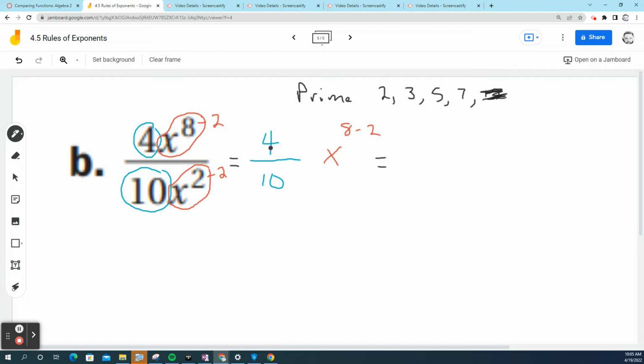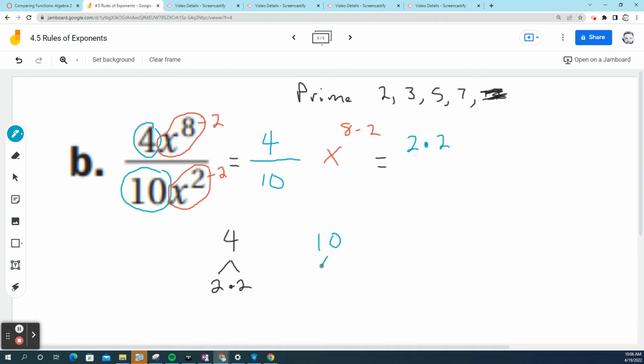Anyways, so isn't 4 2 times 2? Yeah. So those are both prime numbers. So I'm going to say 2 times 2. Actually, let me do it like this. That's 2 times 2, right? And then what about 10?